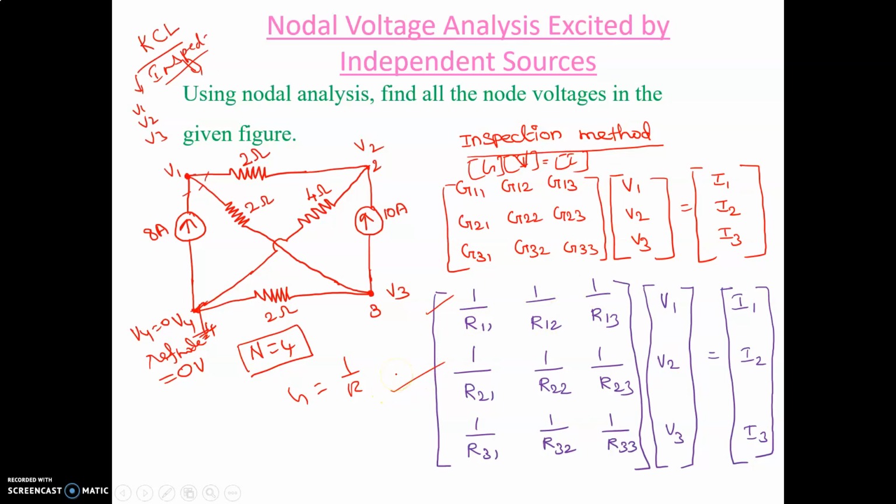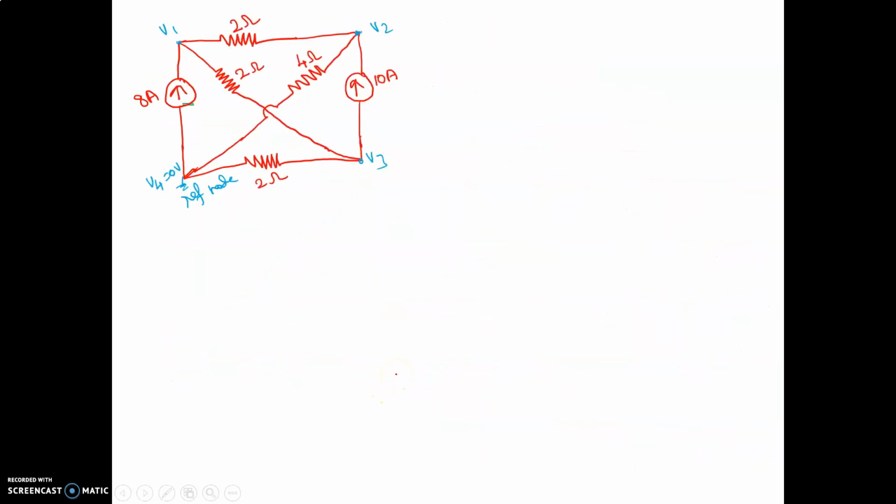So first, what do I need? I need to find the value of G11, G12, G13, G21, G22, G23, G31, G32, G33. These are the things I have to find first.